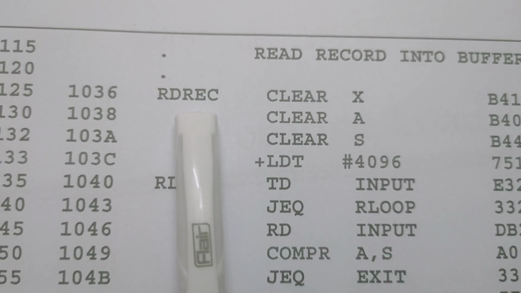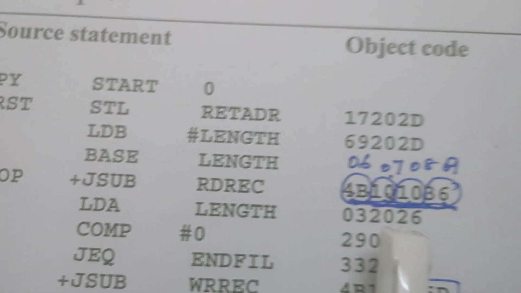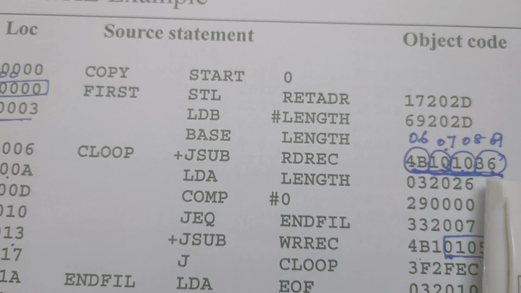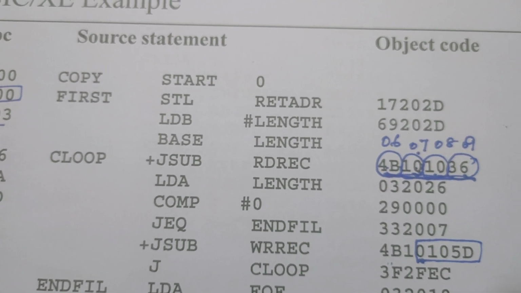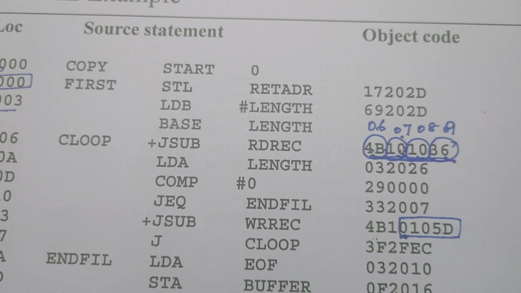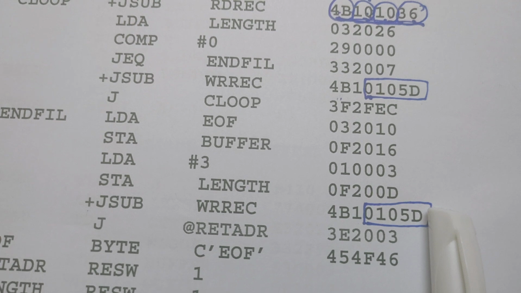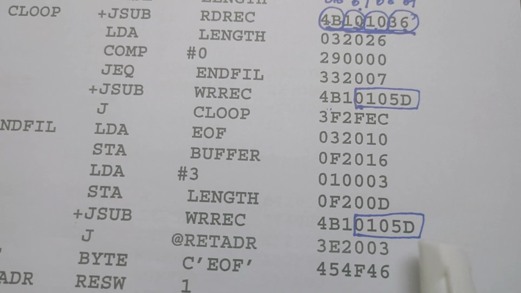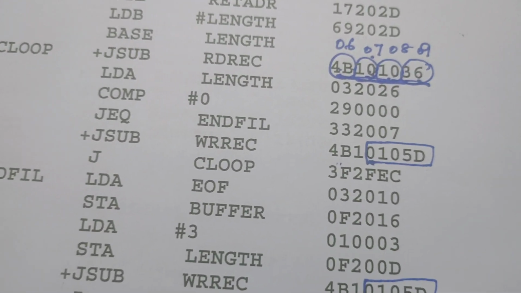The address of the label read record is nothing but 1036. That is why, while generating the object code for this instruction, the address also has become part of the instruction. This is a similar story for every format 4 object code.